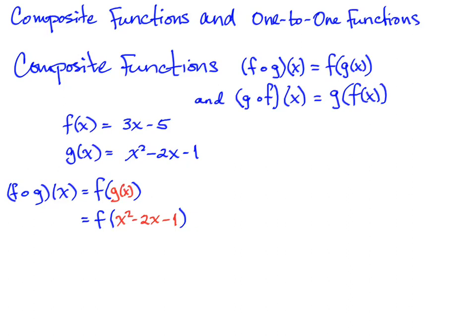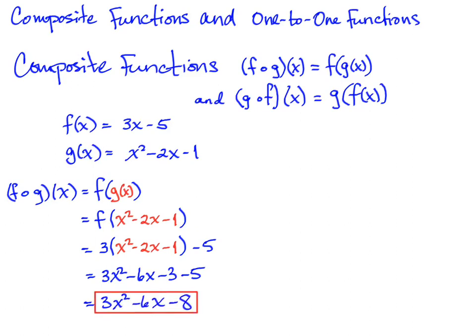And remember, f says take that input and multiply it by 3 and then subtract 5 from that. So we can now simplify this, distribute that 3, and now subtract that 5, and we'll get 3x squared minus 6x minus 8, a new quadratic function.